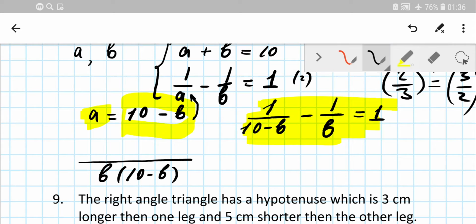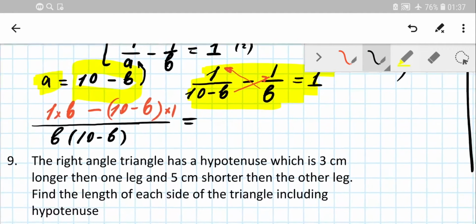And what do you do next? You're doing the crisscross. So b goes here and multiply by 1. So you've got 1 times b. And then 10 minus b goes here and you multiply by 1. So you subtract, because you have the minus sign here, you subtract 10 minus b, multiply by 1. Okay. That's how your fraction looks like.